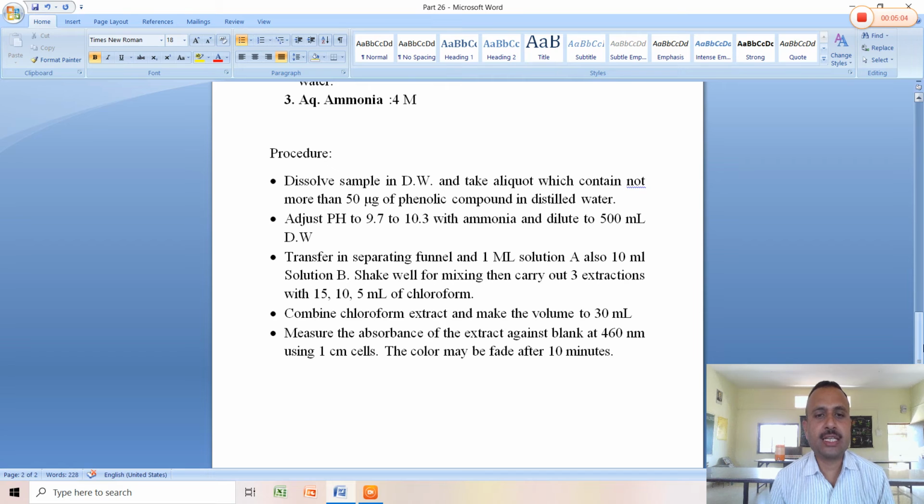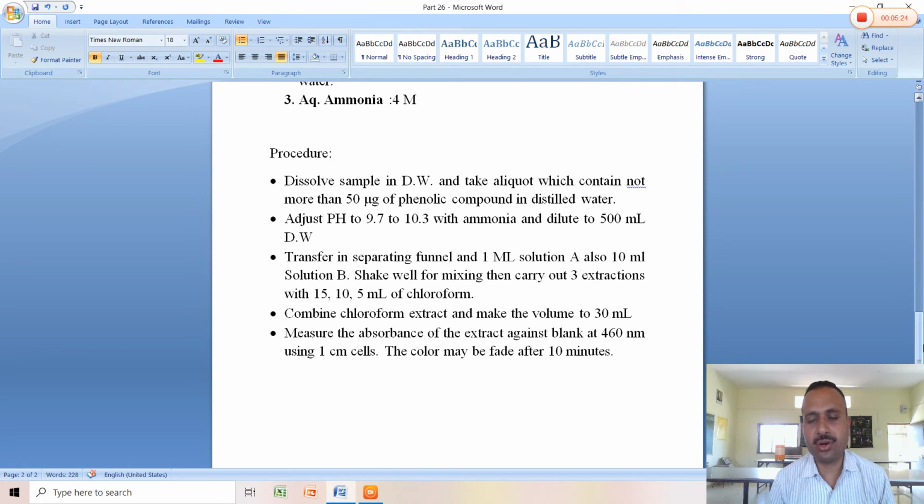Third, transfer the solution to a separating funnel. 1 ml of solution A, that is reagent 1, and 10 ml of solution B, that is reagent 2, are added into the separating funnel.